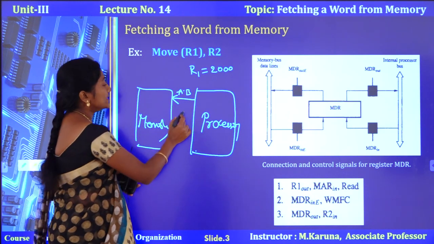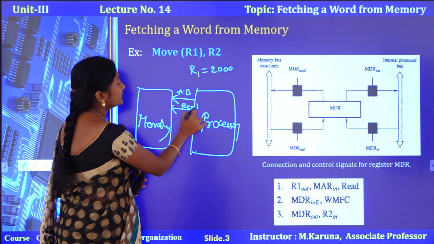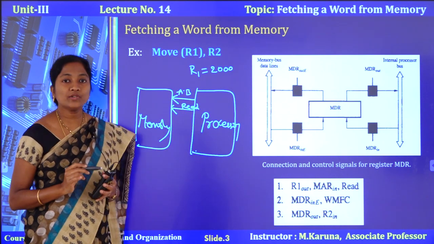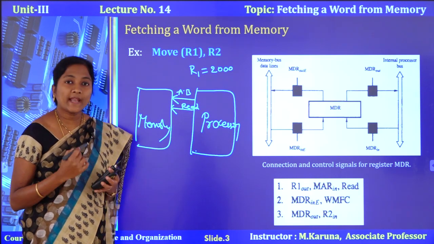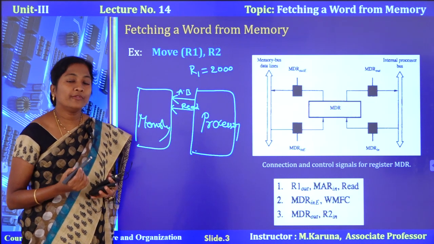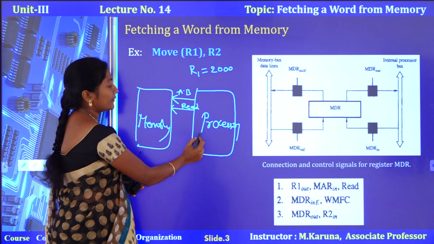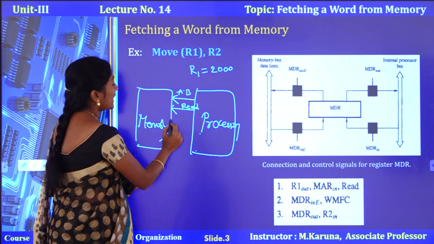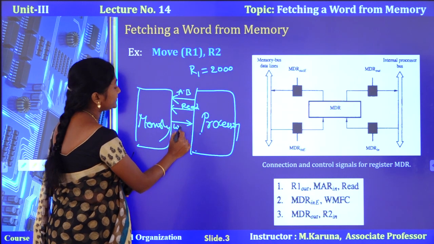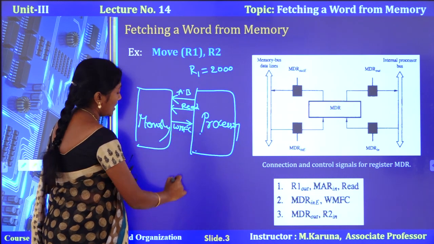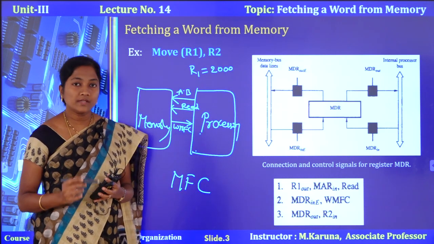Simultaneously the processor issues a read signal to the memory, and then the processor enters a waiting mode for collecting the data. Here the processor waits for acknowledgement from memory, that is, the memory function completion control signal.